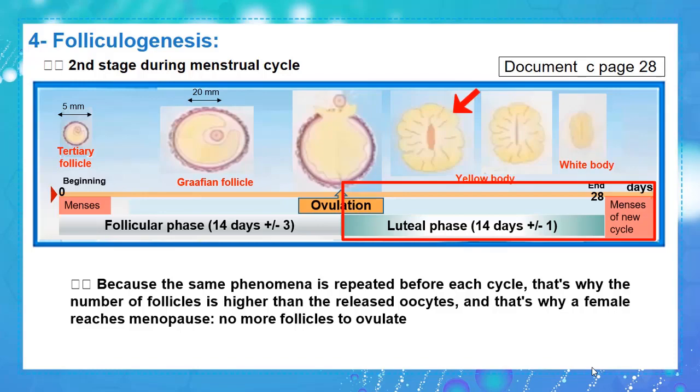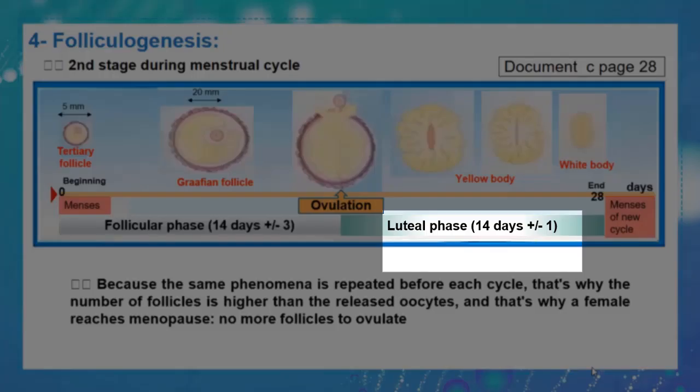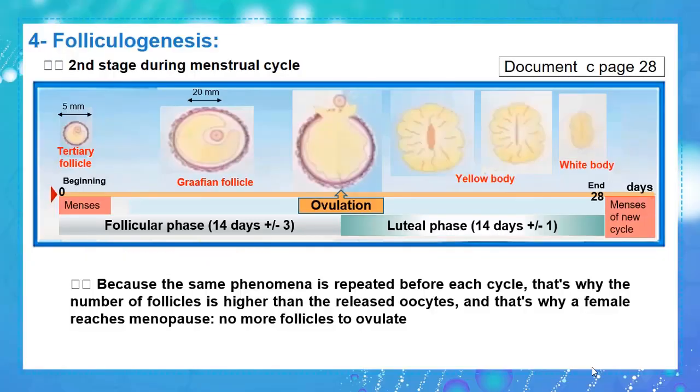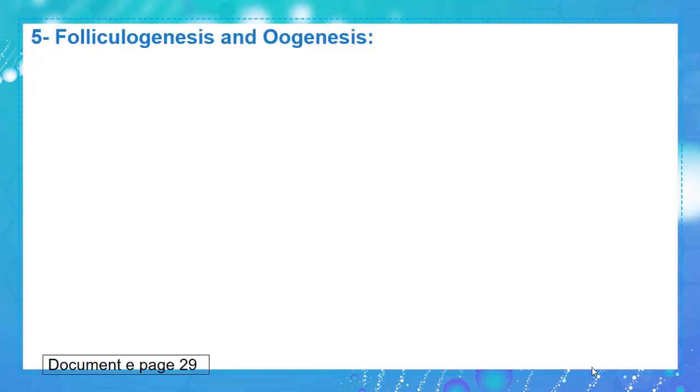The duration of the luteal phase is always fixed in a female, 14 days, while that of the follicular phase varies from one female to another. So you can see in a female we cannot talk about oogenesis without talking about folliculogenesis at the same time, because they are two synchronized processes.